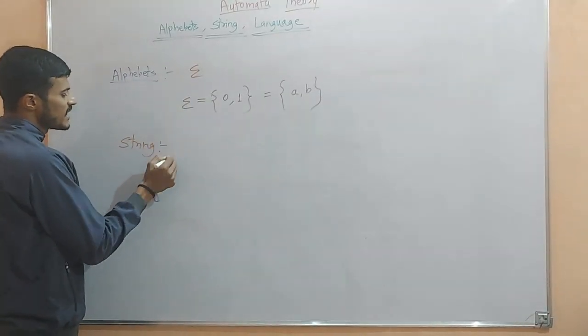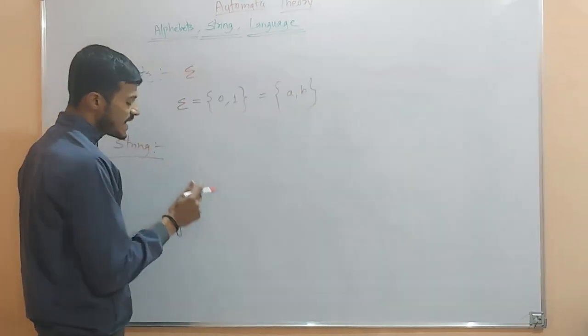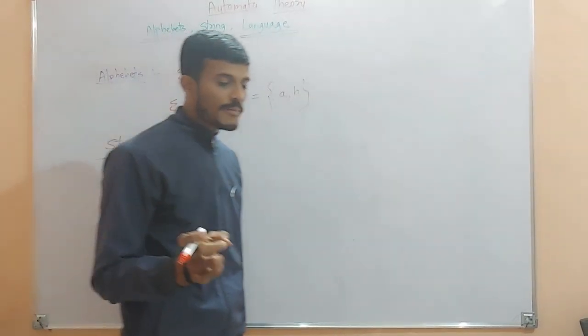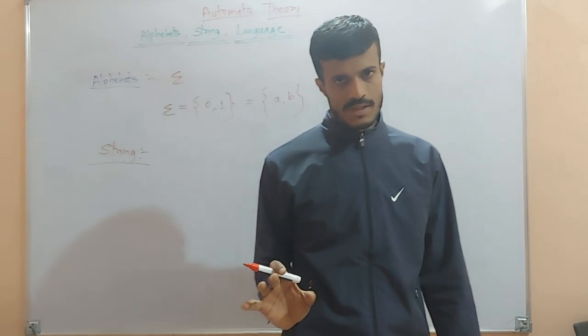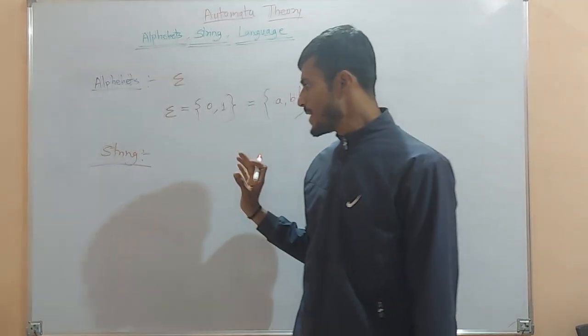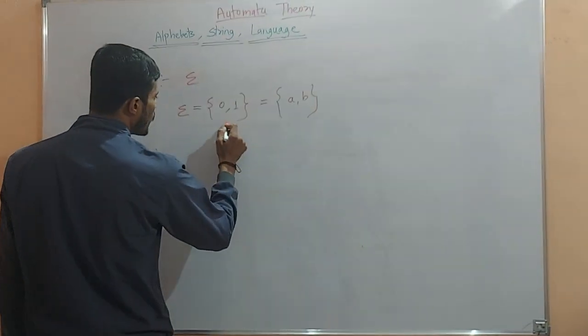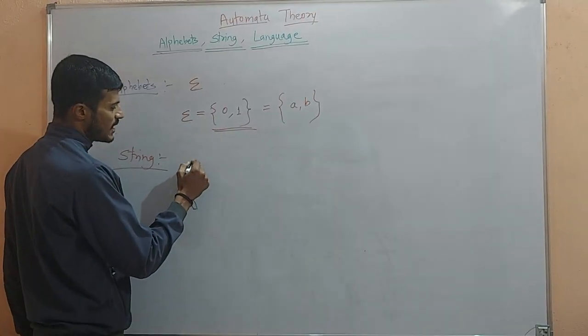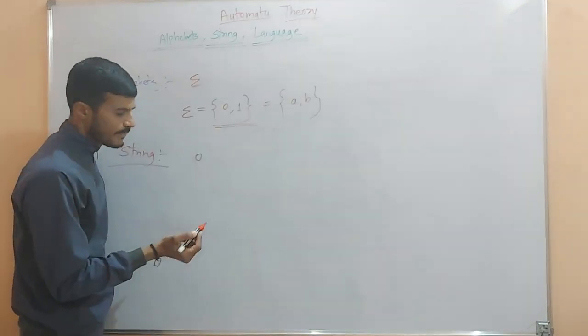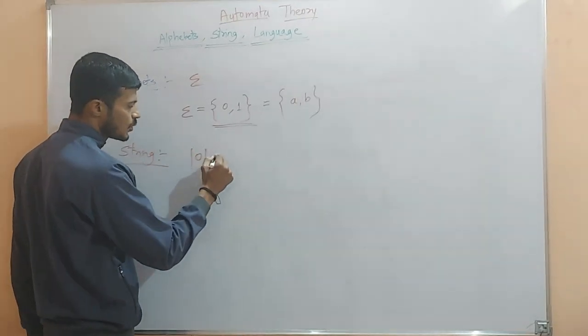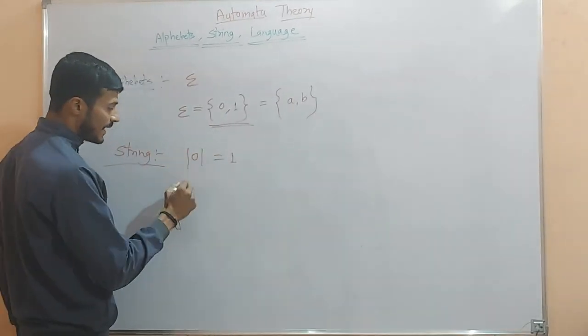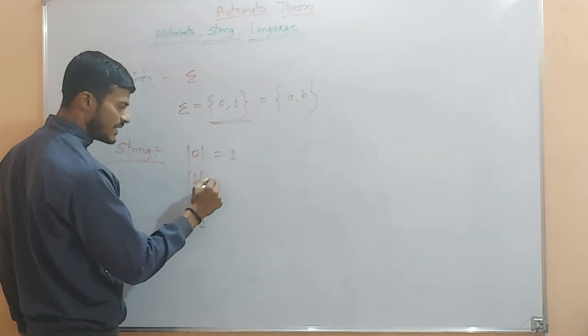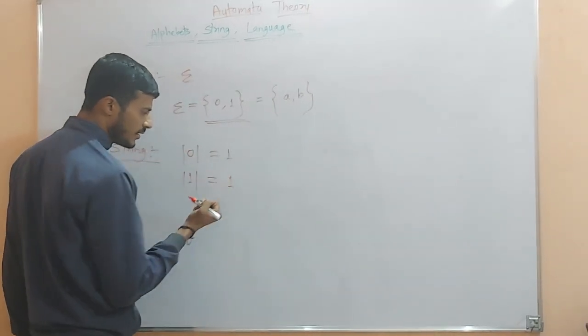Now, what is meant by string? A string is nothing but a collection of some alphabets. If I go for 0 and 1, possible strings are 0, which has length 1, then 1, which also has length 1.